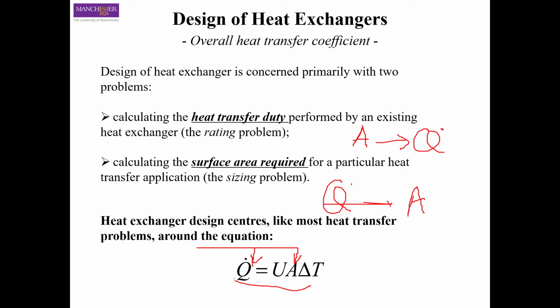If Q is given you need to calculate A, and if A is given you need to calculate Q. In order to do these calculations of Q and A, we need to know the overall heat transfer coefficient and the driving force. In most cases we know the driving force easily because we are the designers, so we know what kind of temperatures we want from the process, and then we look for a suitable value of U.